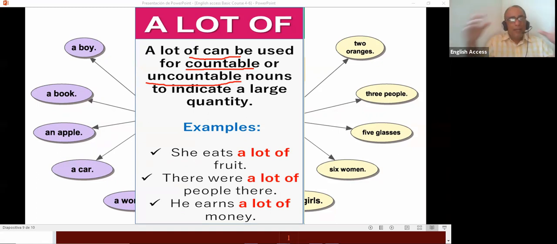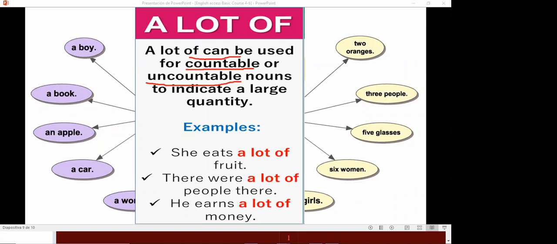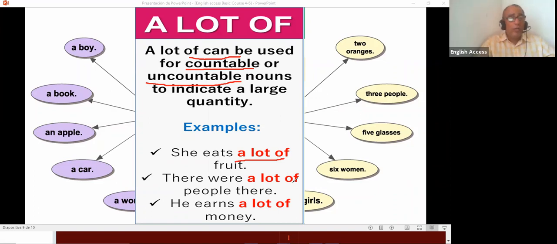And there are many nouns, countable nouns and uncountable nouns. Y hay muchos sustantivos, unos contables y otros incontables. Y a lot of los puedes usar con cualquiera, ¿sí? Ya sea a lot of sugar, a lot of cell phones.